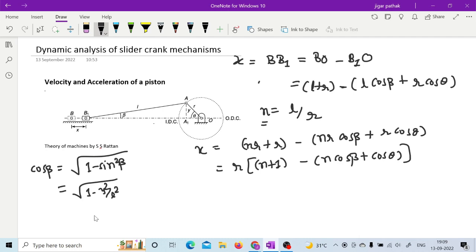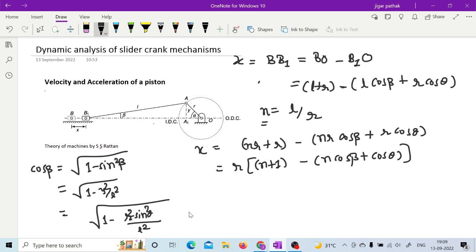Now if you see the triangle AOA1, y can also be represented as R sin theta. So in place of y you can write R sin theta, so R squared sin squared theta upon L squared.